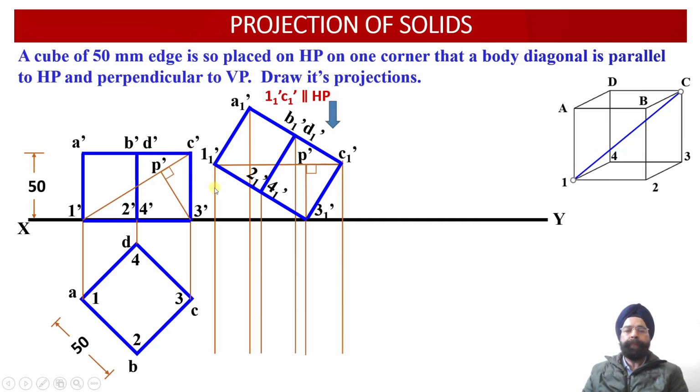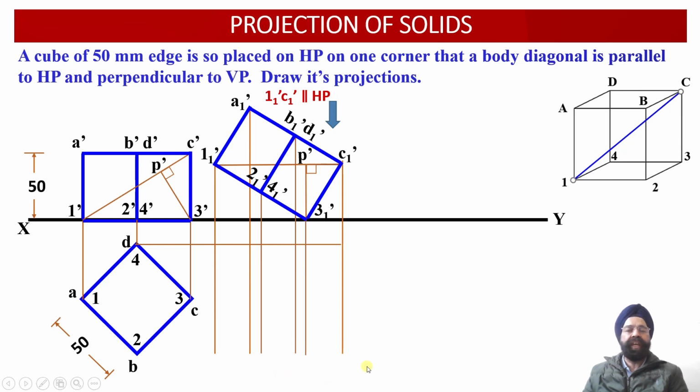So the vertical projector lines we have to draw from all of these 8 points into the plan projection view, and wherever these vertical projector lines intersect with the corresponding plan projection lines drawn through these 8 points, these intersections will provide us with the corresponding plan projection points in the top view projection.